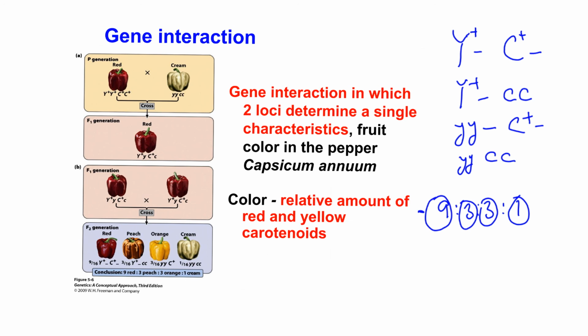Do work with genotype, because phenotype cannot be determined without considering the effect of genotype at all of the loci which contribute to it. So keep in mind, 9 to 3 to 3 to 1 now does not reflect the phenotype of two independent genes, but since these genes interact and affect each other, this ratio corresponds to only one phenotype, either red, peach, orange, or cream.